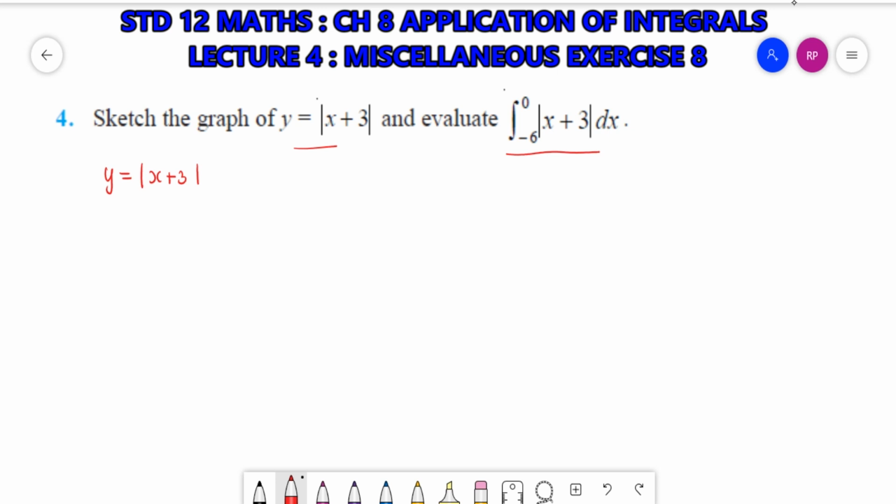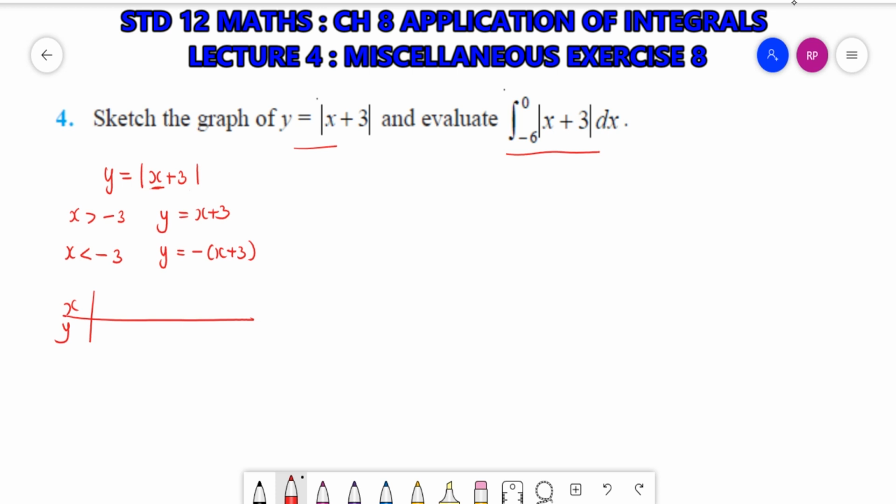Now see, when I take x equal to minus 3, y will be equal to 0. For x greater than minus 3, it will be positive, so y will be equal to x plus 3. But for x less than minus 3, it will be negative, so y would be equal to minus of x plus 3.